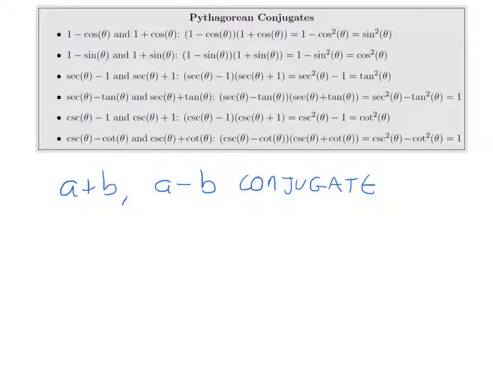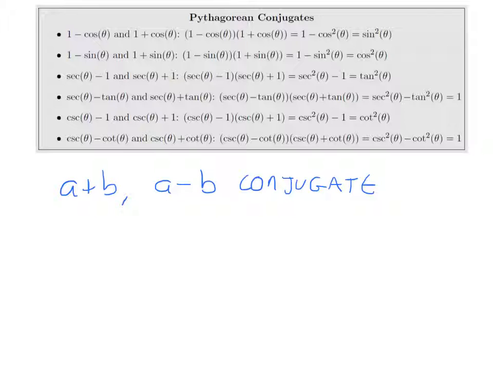So you can basically pass from 1 minus cosine, which is kind of messy, in an equation or an identity using multiplying by a conjugate, and pass from there to something that's easier to work with in all the different formats. If you happen to have cosecant theta minus cotangent theta, you could get to 1 if you were able to multiply by the conjugate.